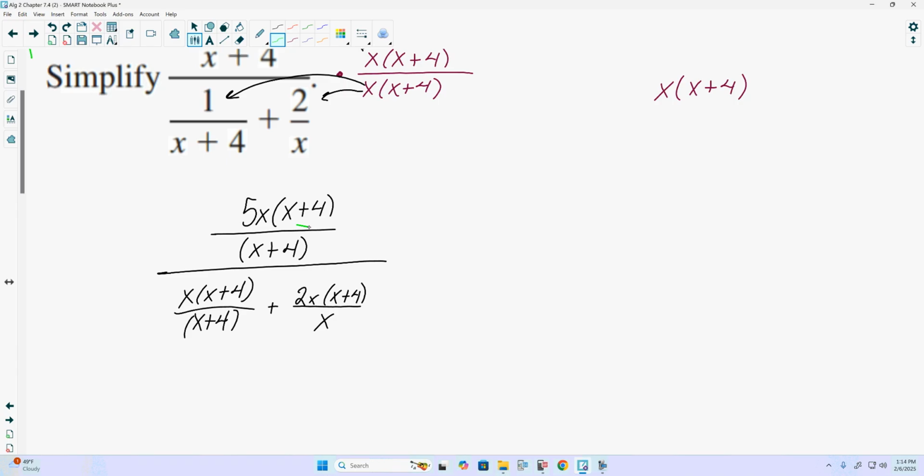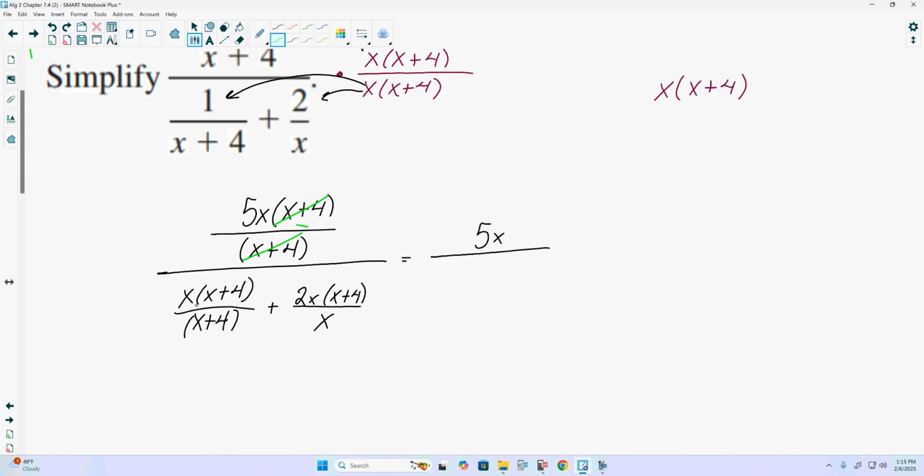If we look at the top fraction, well, the x plus 4 and x plus 4 will cancel. So what's the only thing left on top? 5x. There is no fraction. That's the key. Not so much that there's a single term, but all the fractions in the top of this fraction are now gone. Let's see about the bottom.